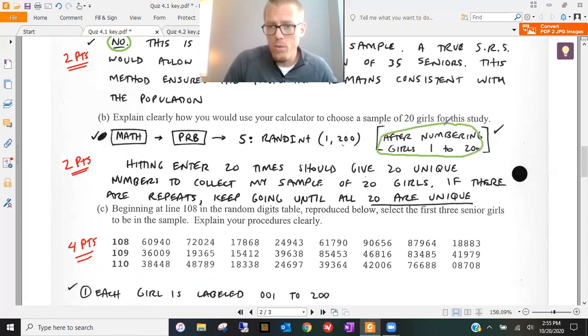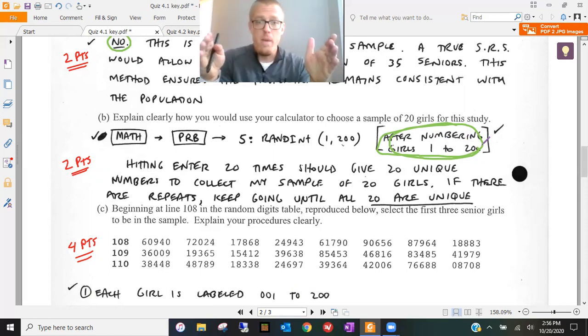Anytime you're going to do a random selection, you have to label the numbers that each individual represents. I have 200 girls, they should be numbered from 1 to 200. It's a little different down in part C. Notice in part C, I started off with each girl labeled from 001 to 200. Up here, it's 1 to 200. The number of digits doesn't matter with a calculator.